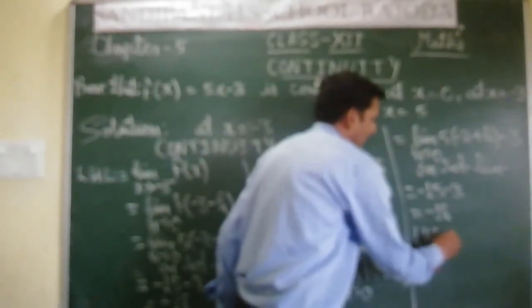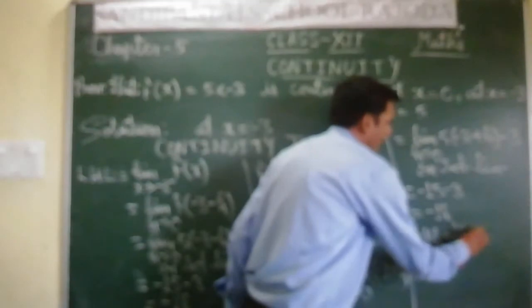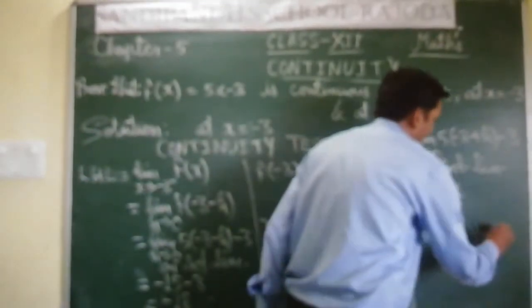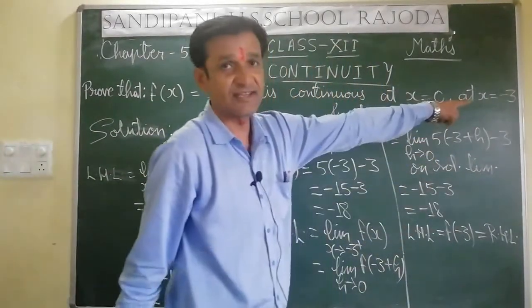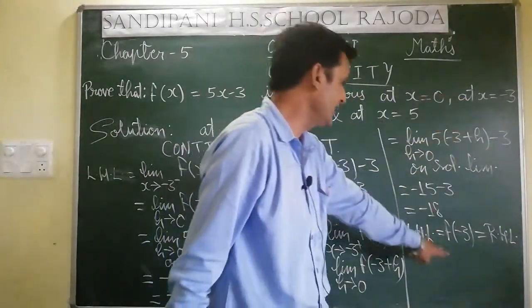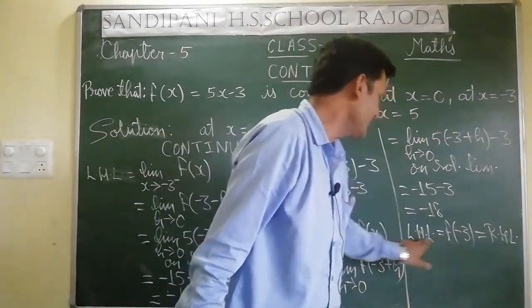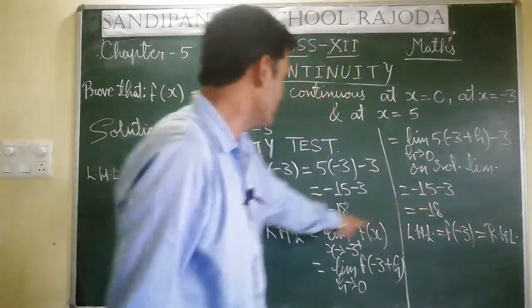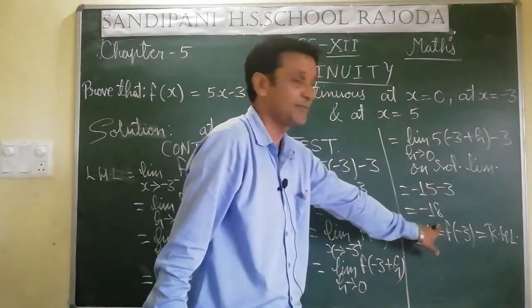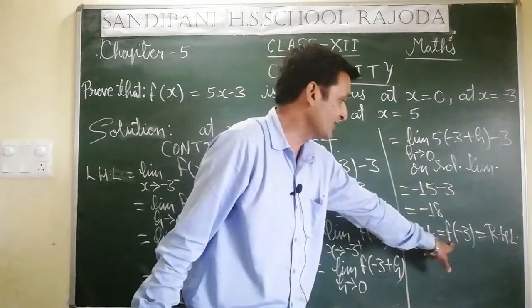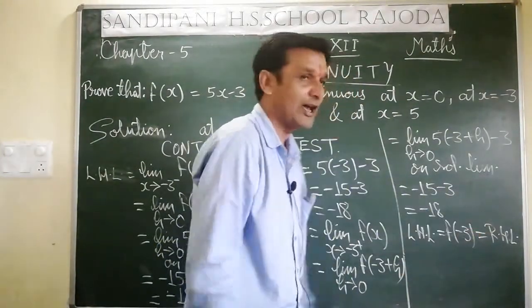So the left hand limit is equal to f of minus 3 is equal to the right hand limit, where we are checking x is equal to minus 3. At x is equal to minus 3, f of minus 3 is equal to LHL and also RHL, because all the values are minus 18. That is why LHL is equal to f of minus 3 is equal to RHL.